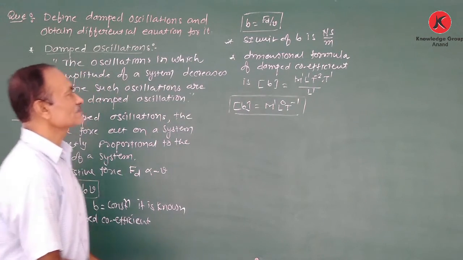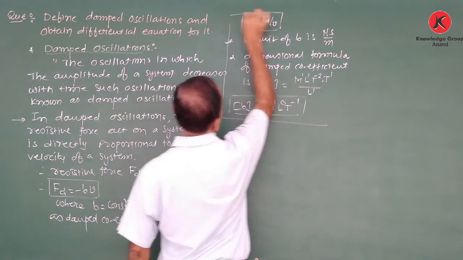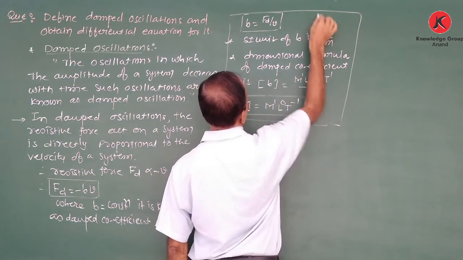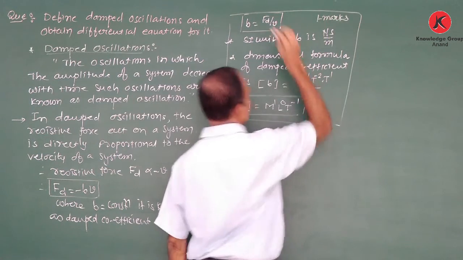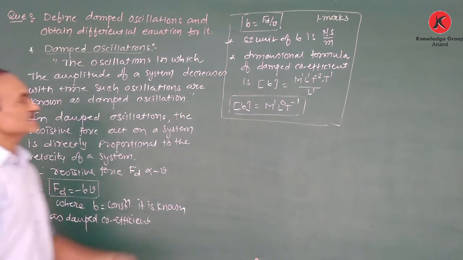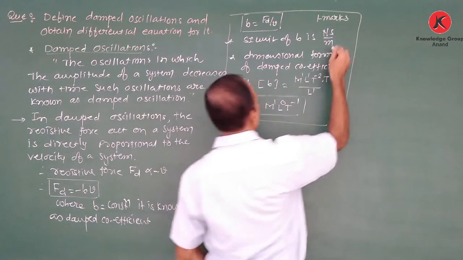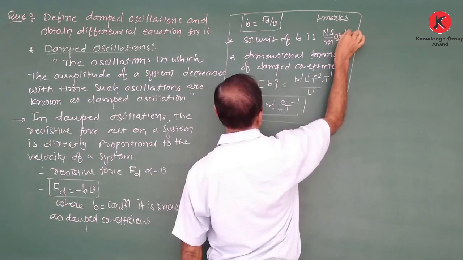Frequently this portion is asked in one mark objective questions: the dimensional formula and the SI unit. From the dimensional formula, the SI unit is kg per second.